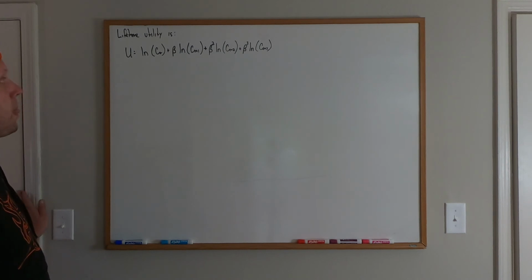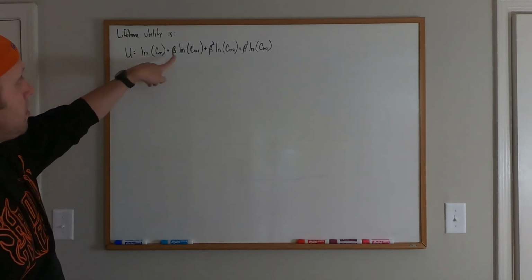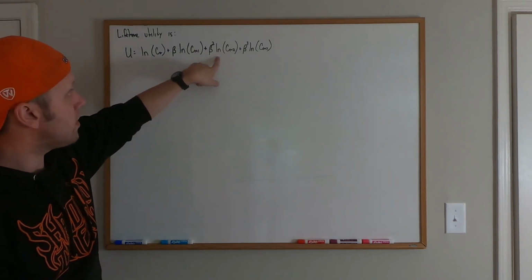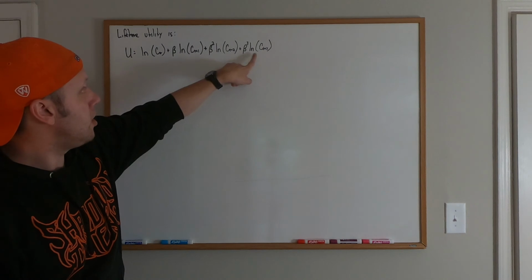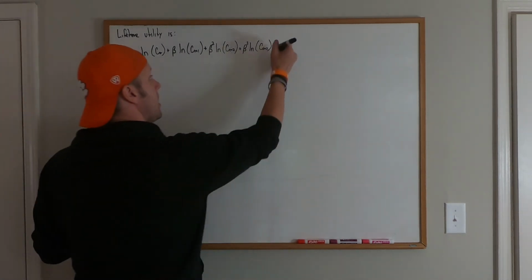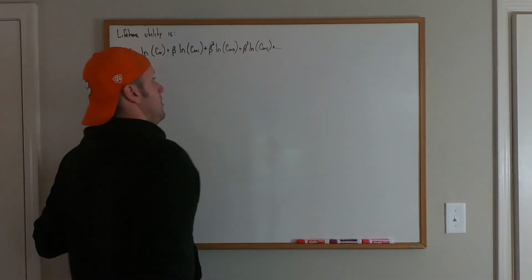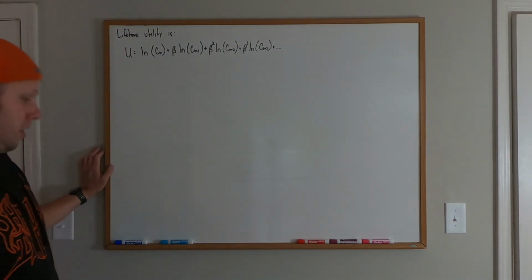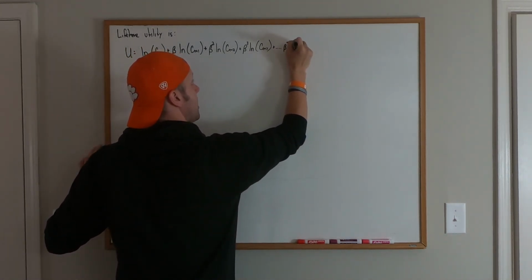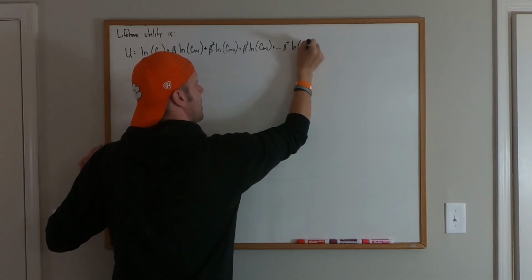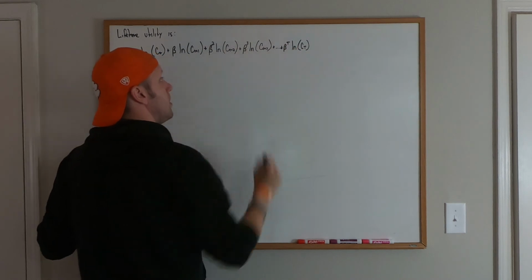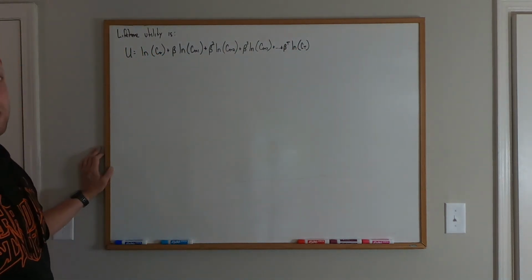So this is what we would get: natural log of CT plus beta times the natural log of CT plus 1 plus beta squared times the natural log of CT plus 2 plus beta cubed times the natural log of CT plus 3. And this will go on and on and on. Now in the finite horizon case, we'd have beta to the capital T, ln of C of capital T. We don't always have a finite horizon. Sometimes we have an infinite horizon.